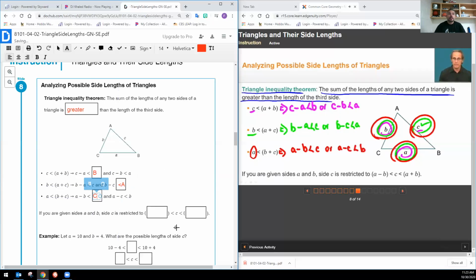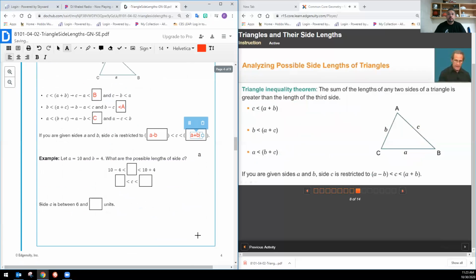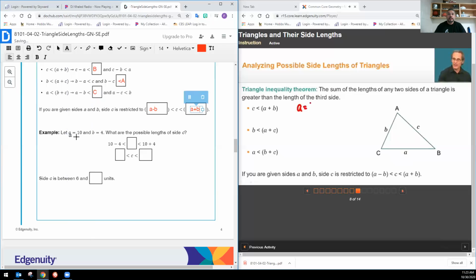Notice the inequality at the bottom of the screen. What it says is that if you take the difference of two sides, this will be less than the third side, which will be less than the sum of those two sides. For example, suppose we had A equal to 10 and B is 4. Now the third side is C, isn't it?